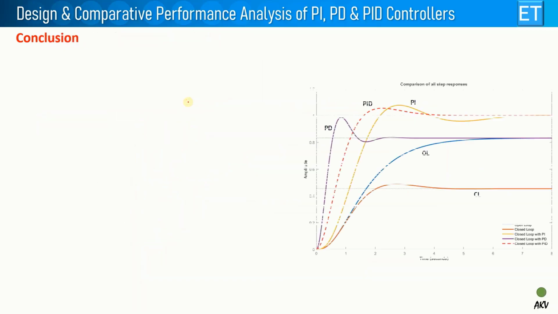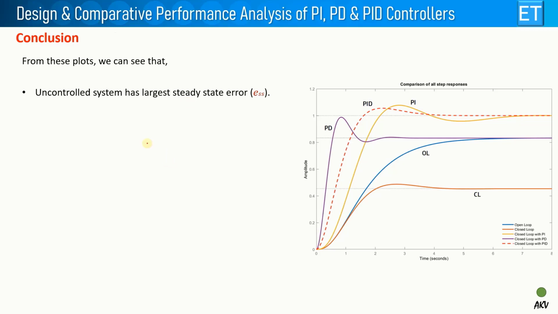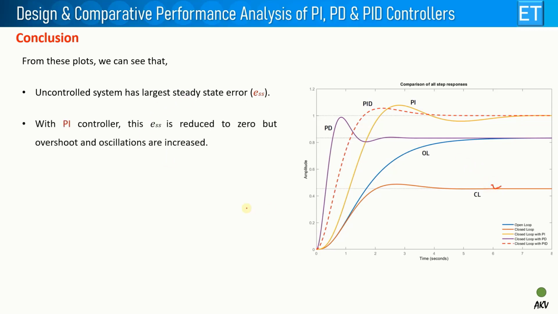So now let us summarize all these points. The uncontrolled system has the largest steady state error, and with a PI controller this steady state error becomes 0 and the system becomes faster, but some oscillations are also observed. With a PD controller, the system becomes fastest, but the steady state error is still there.